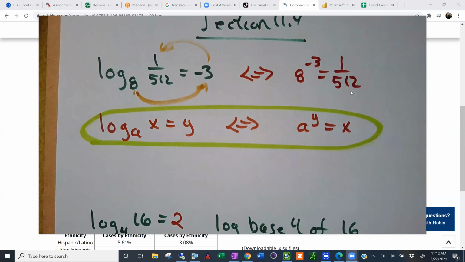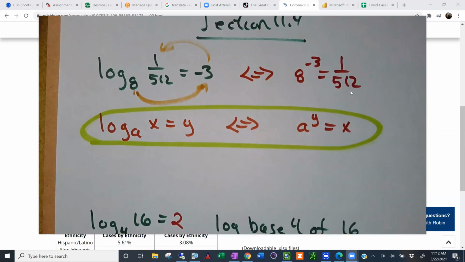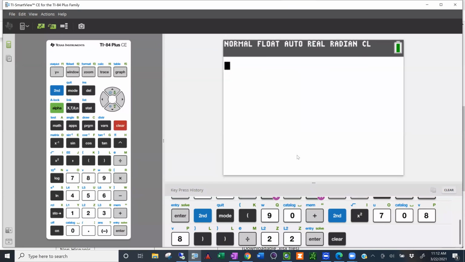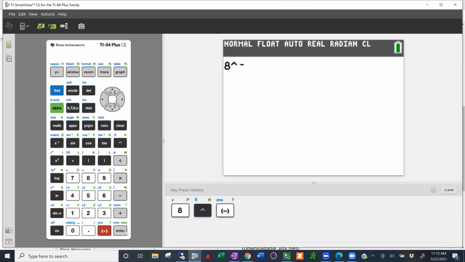The nice thing about it here is that you can actually check that pretty easily using, say, a graphing calculator. I should be able to do 8 to the negative 3 and get 1 over 512. And let's see that that's true. So let me just clear out a bunch of stuff here. Eight raised to negative 3.